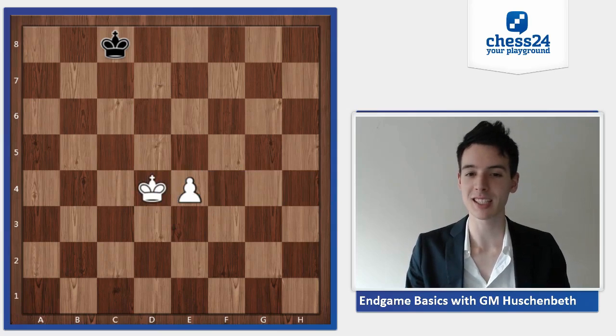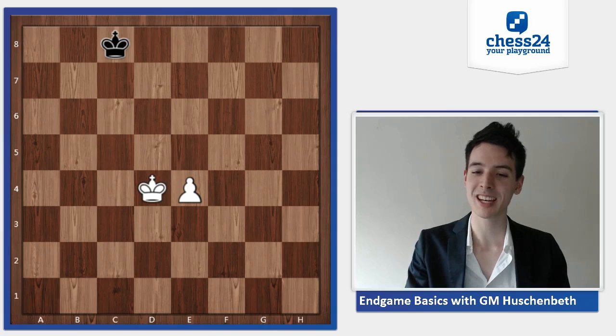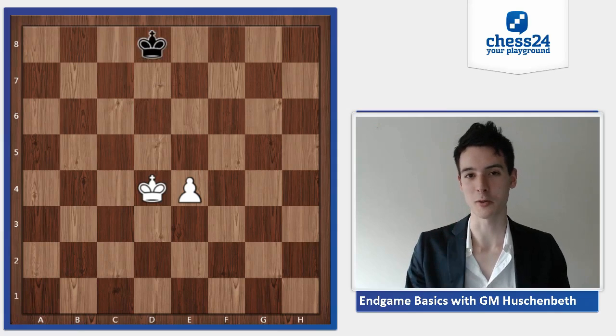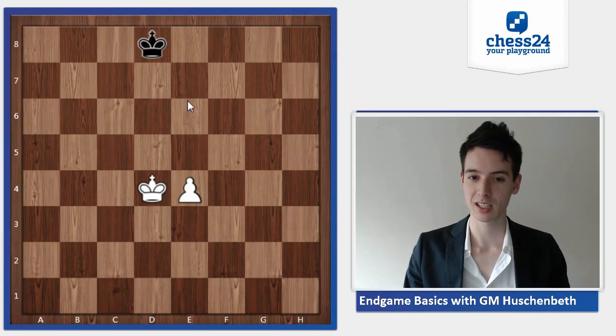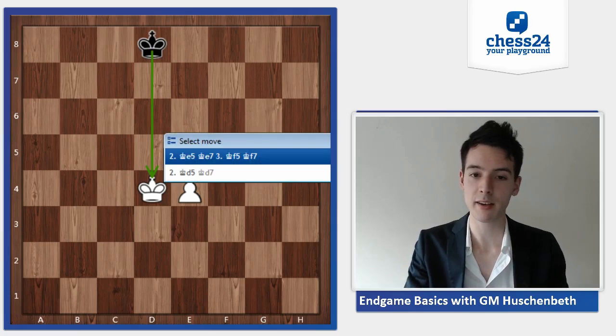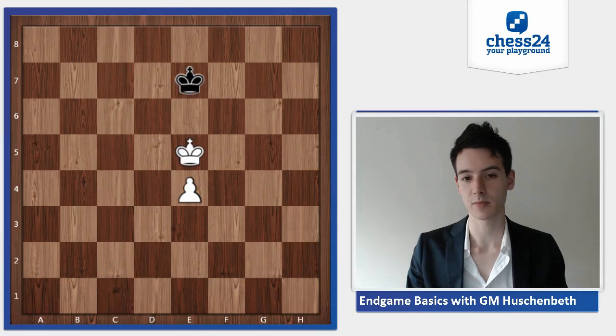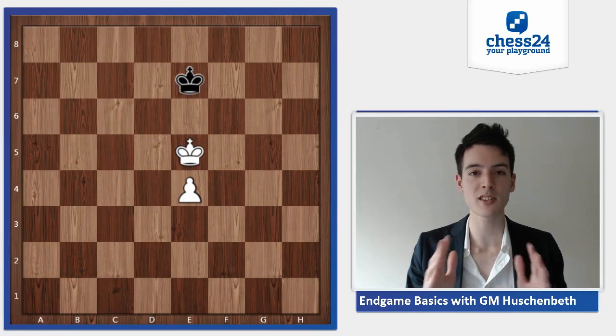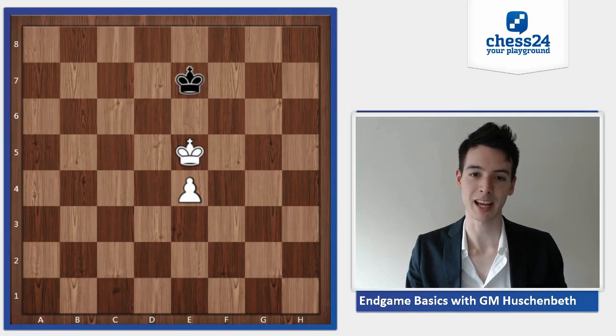The point is, after king d4, now black can reach a distant opposition with king d8. This time 3 squares are between each other, but wherever the white king now moves forward, then black can reach the close opposition. Let's say king e5, king e7. And now there's no way for the white king to bypass the black king.